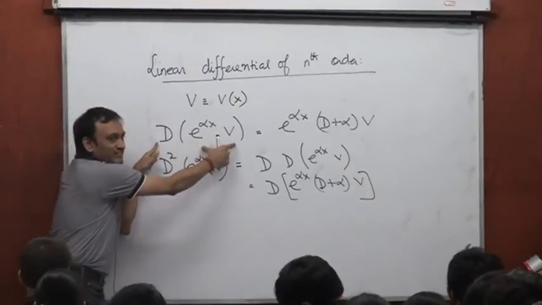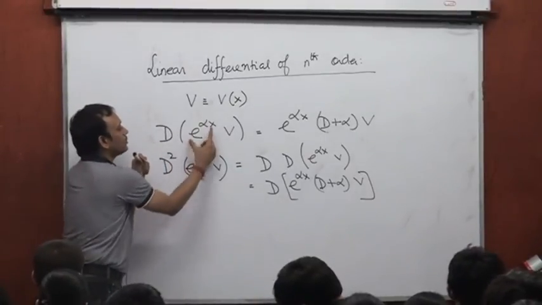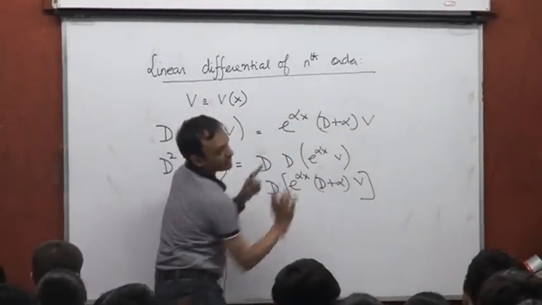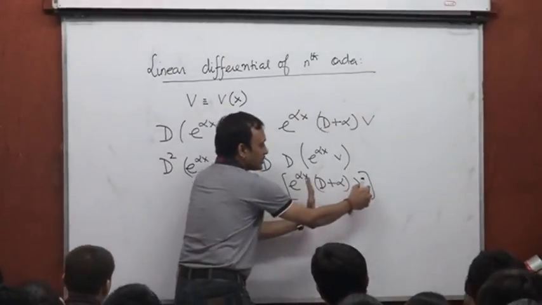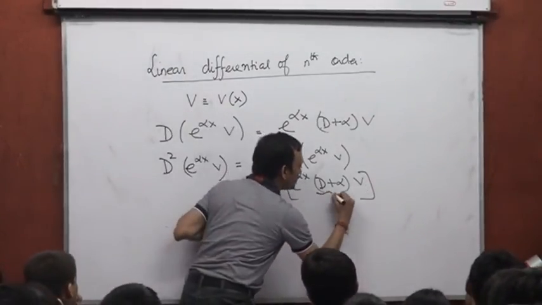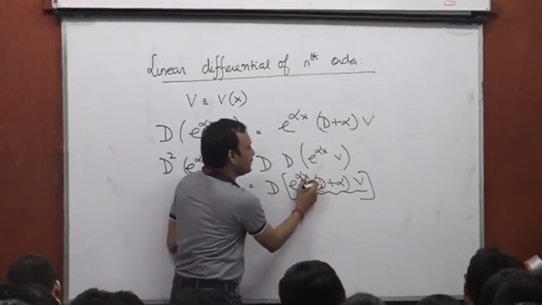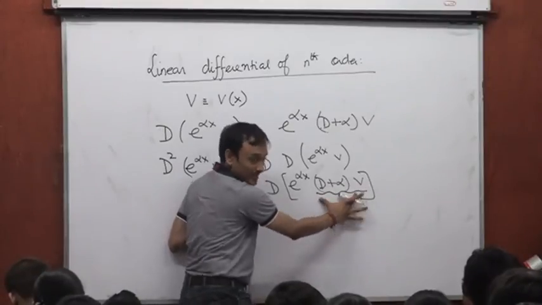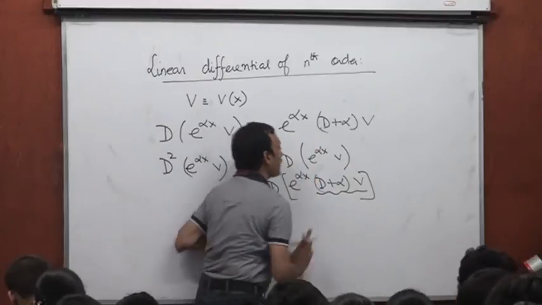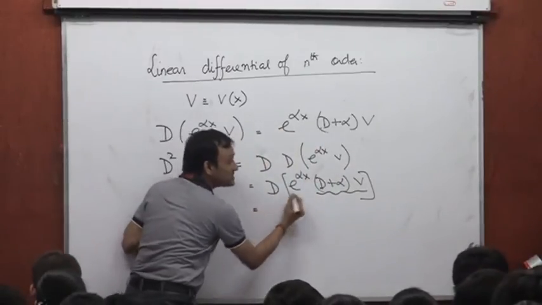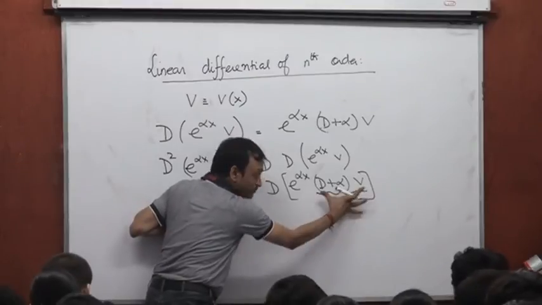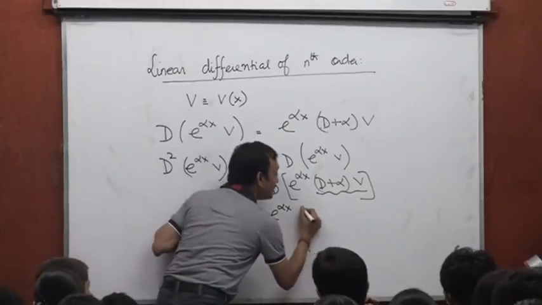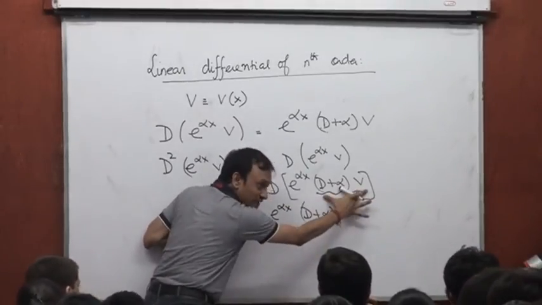Now reread this property. D acting on e power alpha x into some function is e power alpha x into d plus alpha acting on that function, right? Now in this operation, this is the new v. So d acting on e power alpha x into this after all will be some function of x. D plus alpha when it acts on v would be some v prime, would be some function of x, right? So now if I deploy this property, d acting on e power alpha x into some function would be e power alpha x into d plus alpha acting on this function.